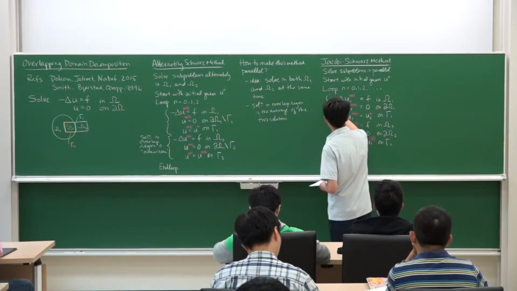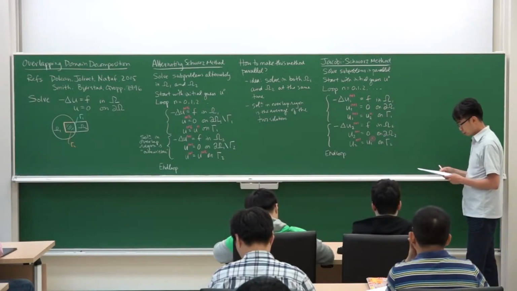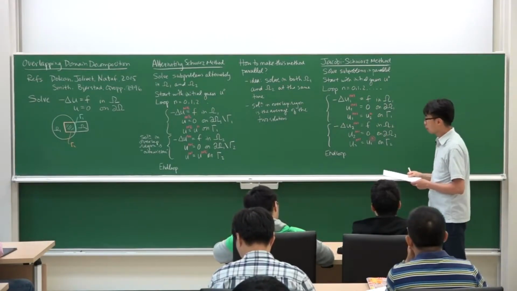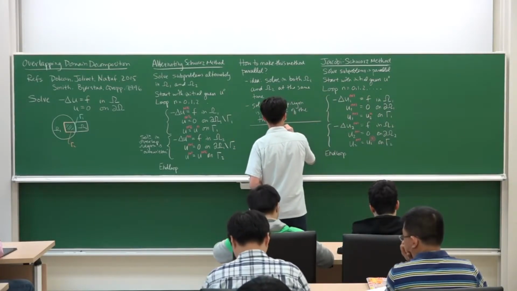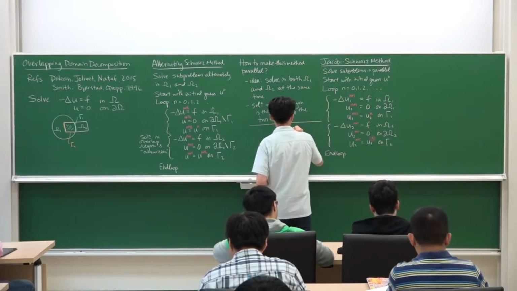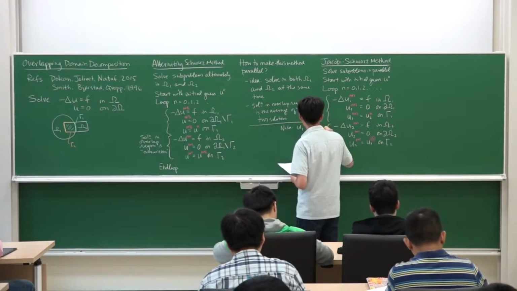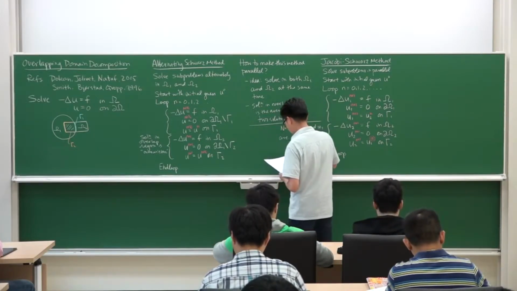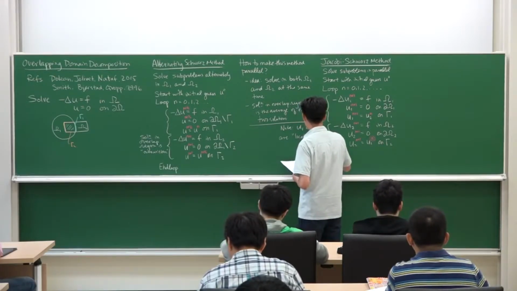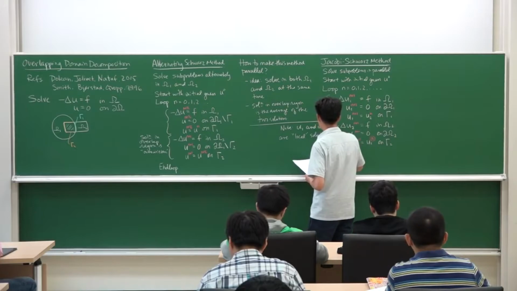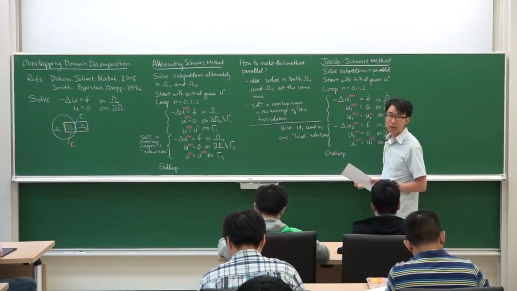So we have these two subproblems which are performed in parallel. Note U1 and U2 are local solutions that generally do not agree in the overlap region.